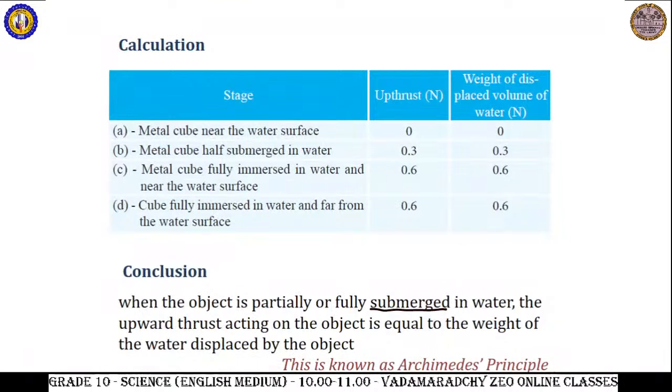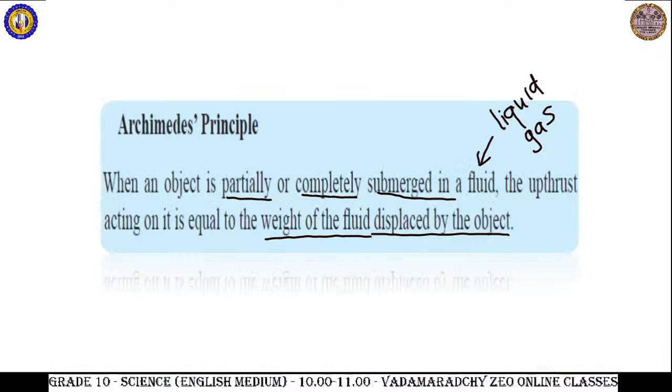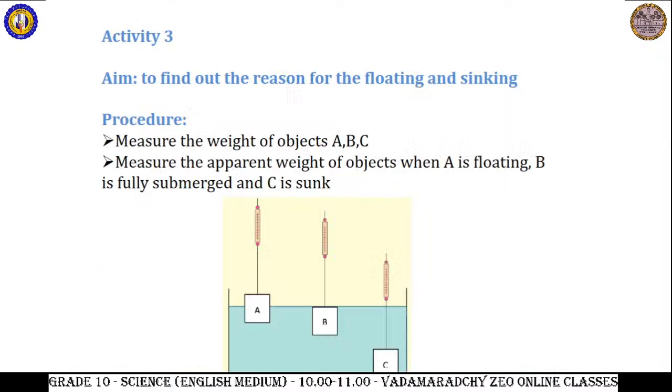From this activity, we confirm that when the object is partially or fully submerged in water, the upward thrust acting on the object is equal to the weight of displaced water. That's the Archimedes principle we have studied.